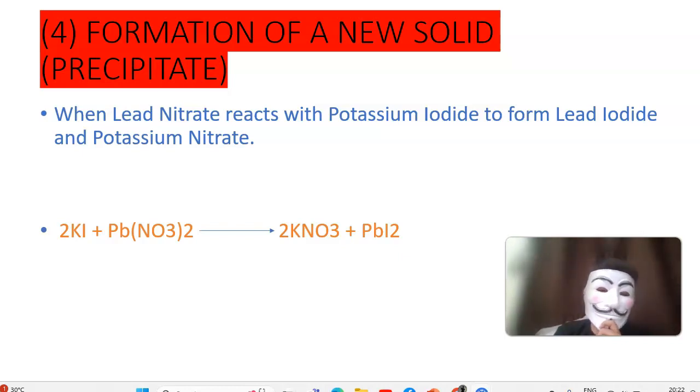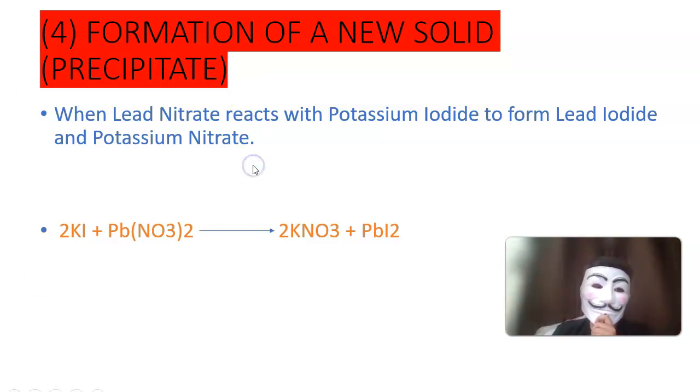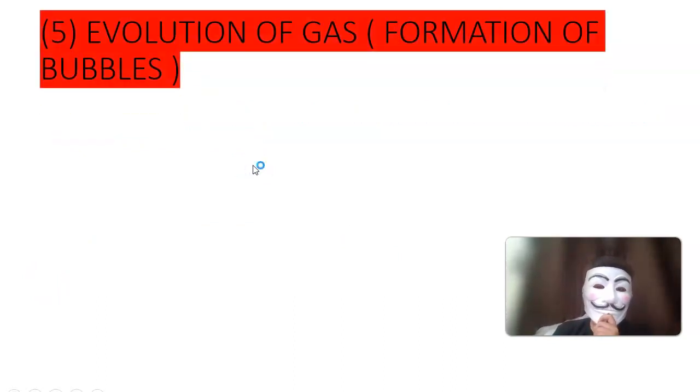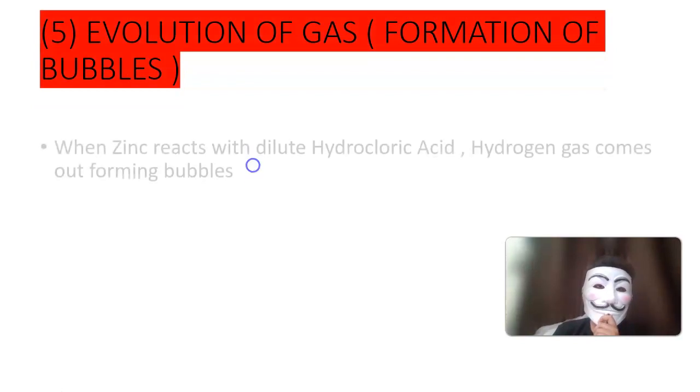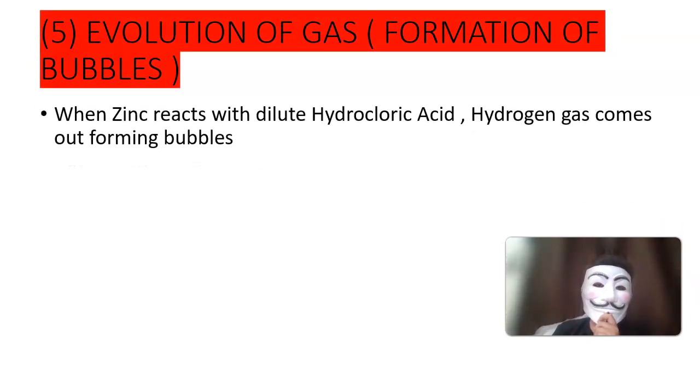So let's go to our 5th topic and the last topic of chemical reactions. Evolution of gas, formation of bubbles. So when zinc reacts with dilute hydrochloric acid, hydrogen gas comes out forming bubbles.